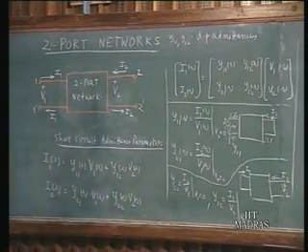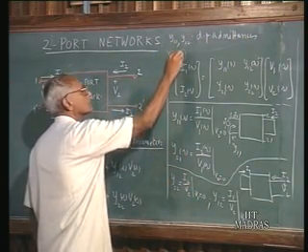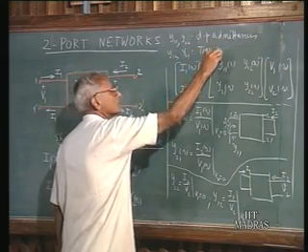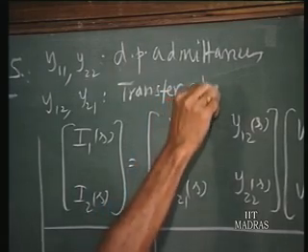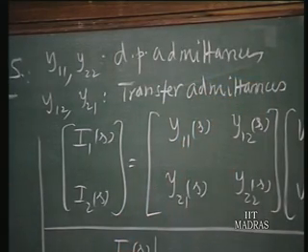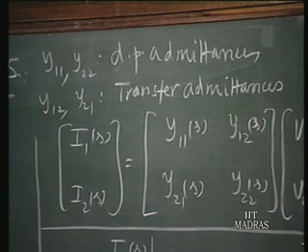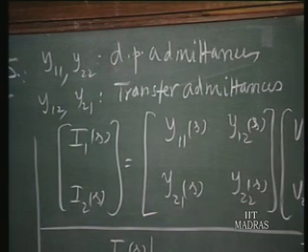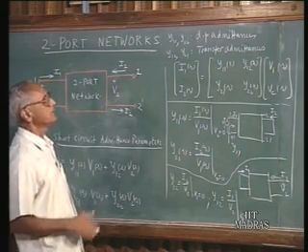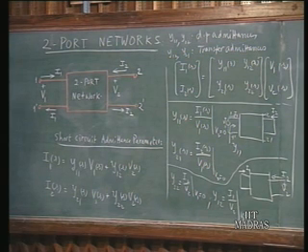On the other hand, y12 and y21 are called the transfer admittances, because the response location is different from the excitation location. Strictly, these are called driving point admittance functions and transfer admittance functions, but to simplify, we simply refer to them as driving point admittances and transfer admittances.